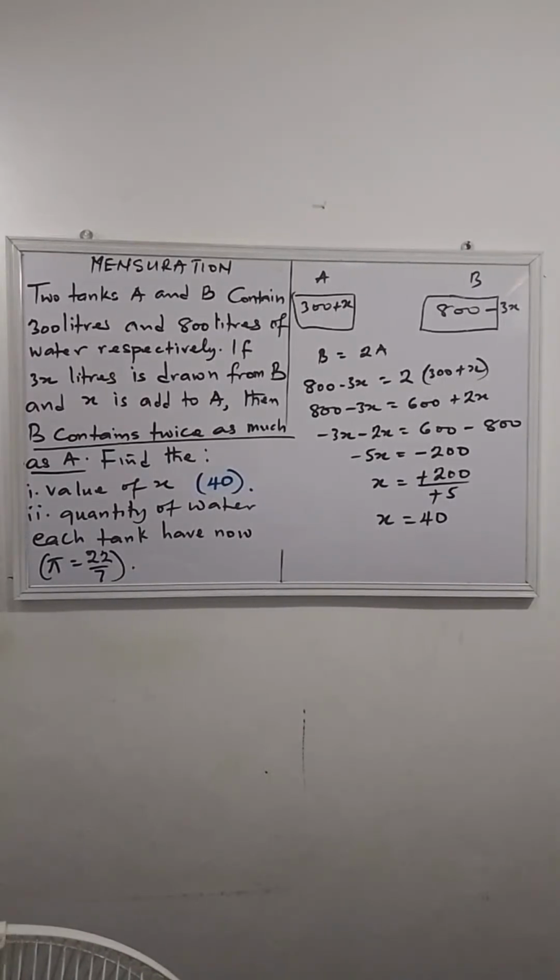Yes, once you have your answer, drop it in the comment section. What is now the volume of water in A and in B? Yes, anyone? The question is so simple, you don't need to use the whole time to get the answer.